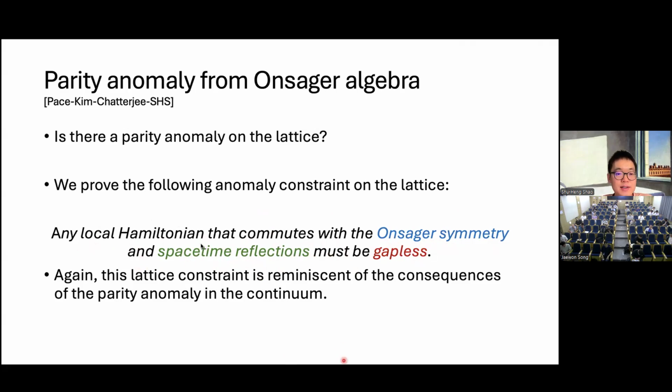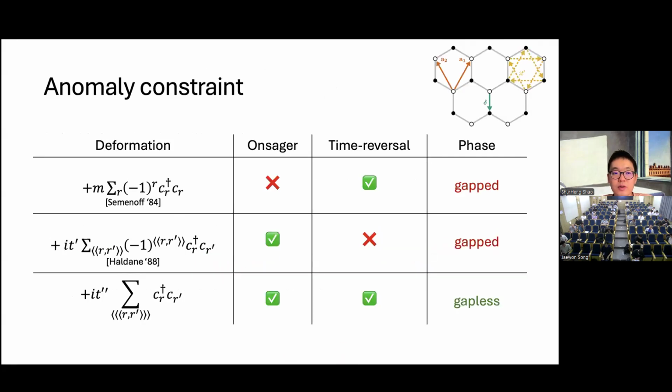You can test this statement on some simple models. You can take the original gapless Hamiltonian with nearest neighbor interaction and add a deformation. This is the on-site deformation, sometimes called the staggered chemical potential, first discussed by Semenoff in '84.